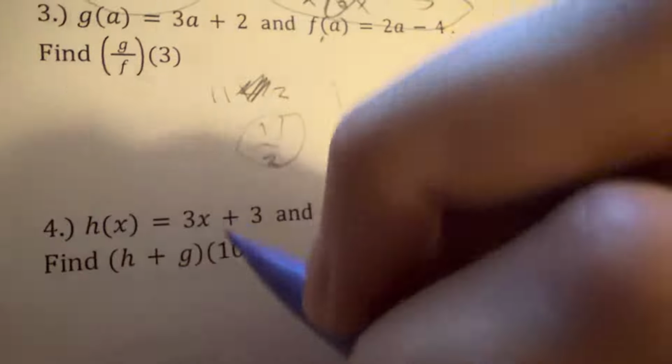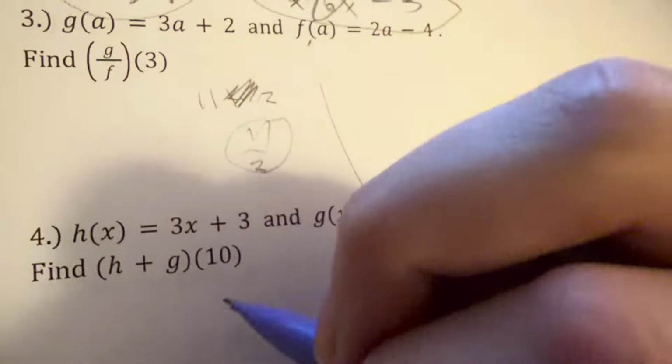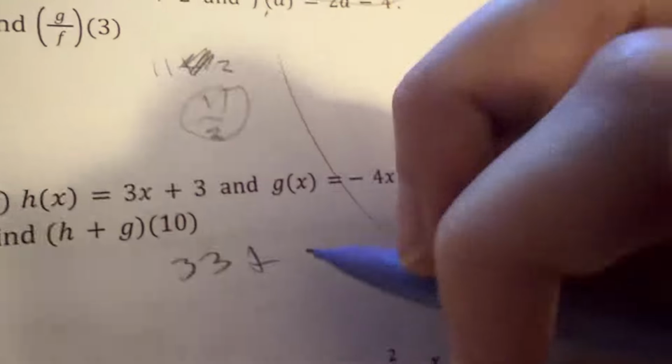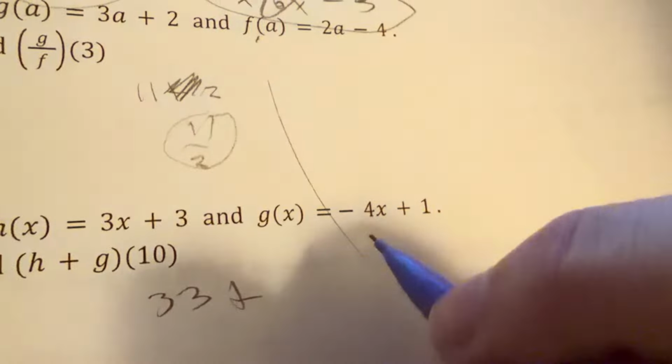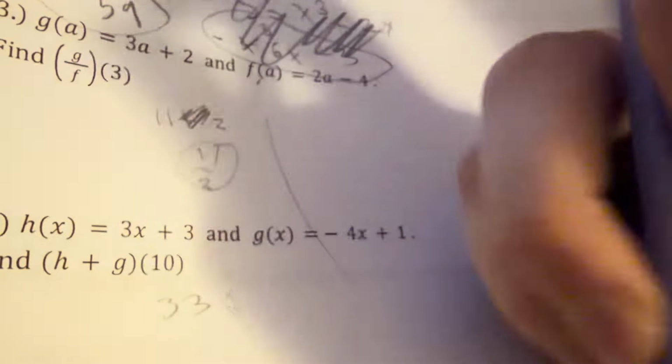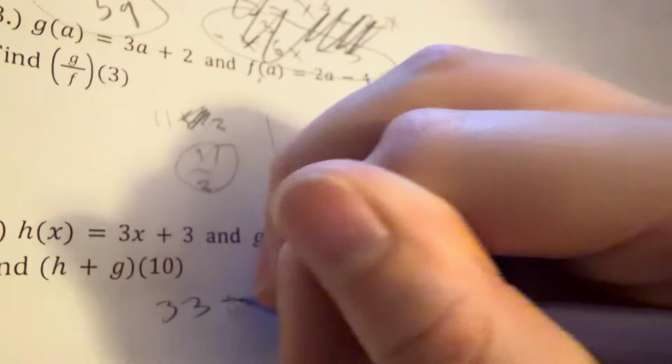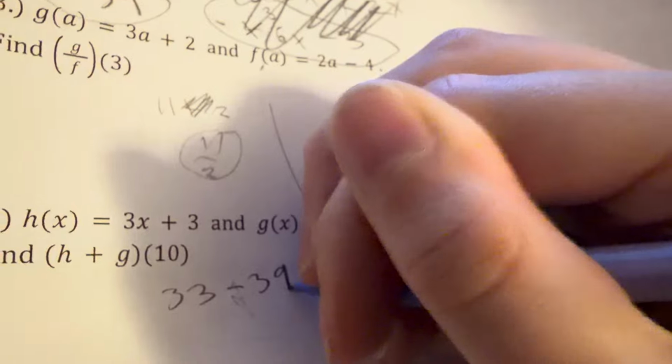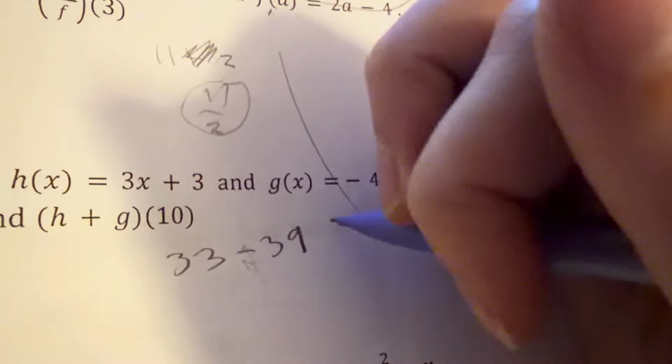Okay, so this one is 30 plus 3, and then that's negative 40 plus 1. Negative 3, 9. And then that equals negative 6.